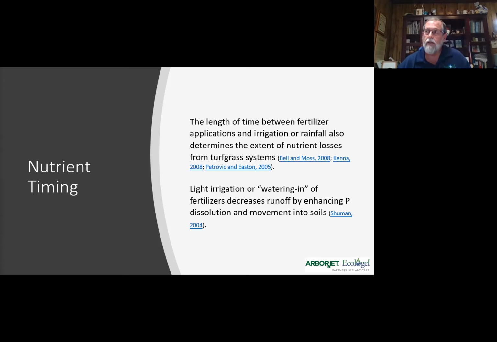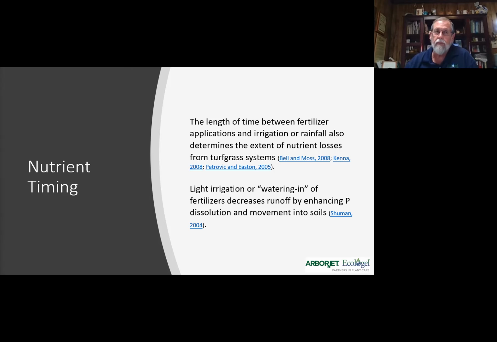So there's a lot of data out there that suggests putting a particularly granular fertilizer out and watering it in lightly gets a lot more efficient use out of it. This is also a reason why you may want to use liquids, because liquids aren't being left on the surface. They're applied, and the water that's carrying them carries them into the root zone.